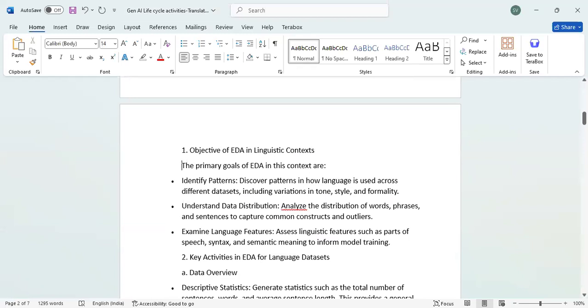Then understand data distribution. Analyze the distribution of words, phrases, and sentences to capture common constructs and outliers. So basically, when you ask for translation, you need to be aware of the target language output. What can be their output? Or we need to show it to some translator. Is this document correctly converted?